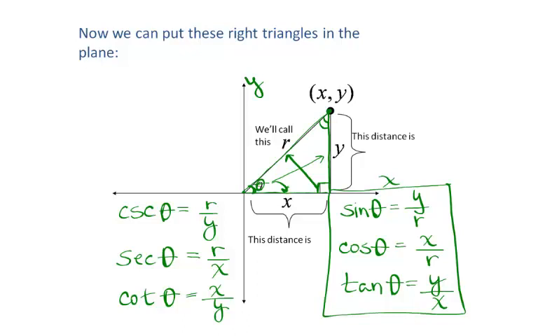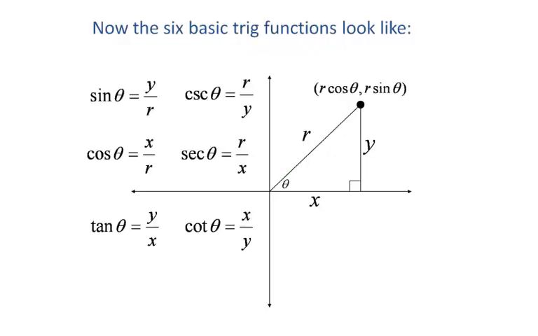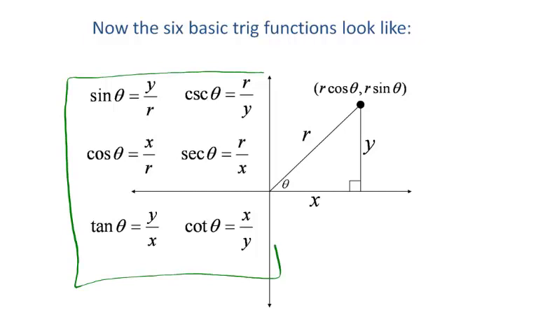That's all I want you to see as far as that is concerned. And you can see here are the 6 relationships we just came up with. So make sure that you can do that. And understand that all of this is according to whatever angle measure theta is.